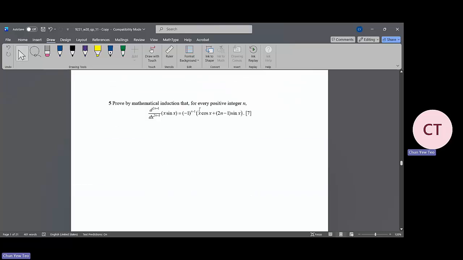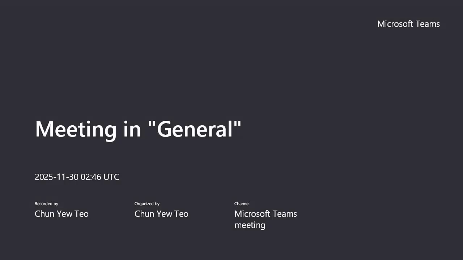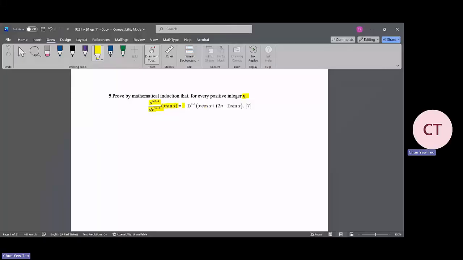And moving on, we have question number 5. Over here, we're following the expressions. So what you need to do is start from n equal to 1. When n is equal to 1, you have d/dx of x psi x. This will be the product rule.